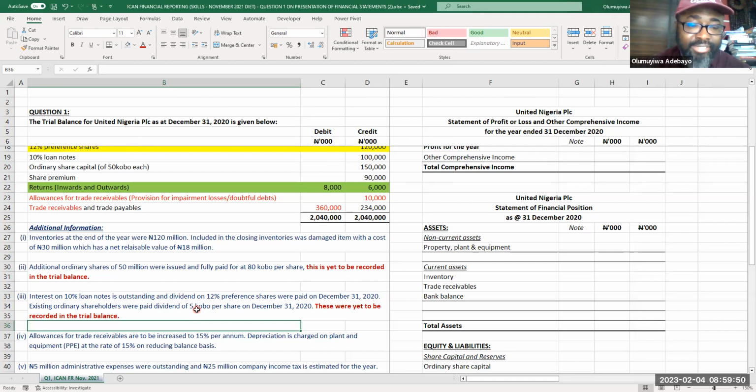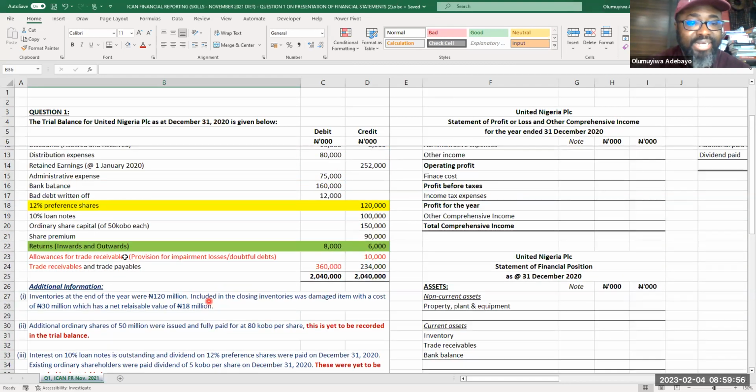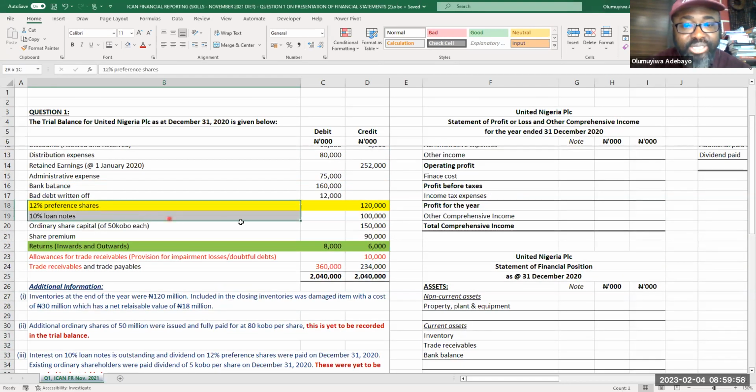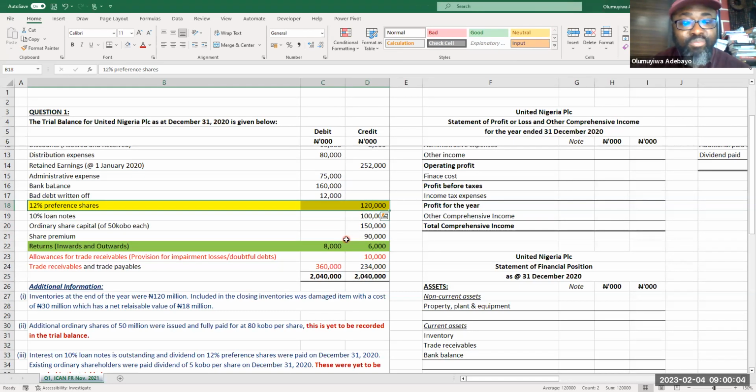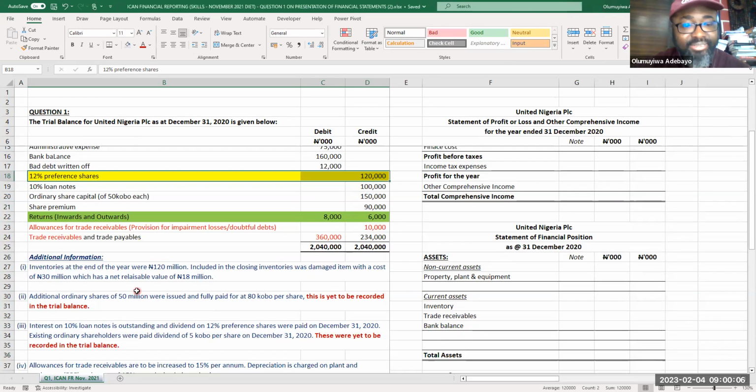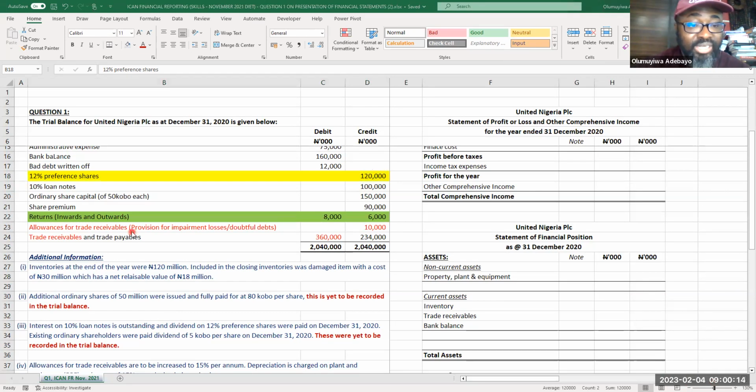ICAN committed a mistake in the Pathfinder solution. Why? On one hand, they treated preference share capital as a liability, but they treated the dividend the same way they treat dividend on equity, which means they deducted it from retained earnings instead of treating it as a finance cost.